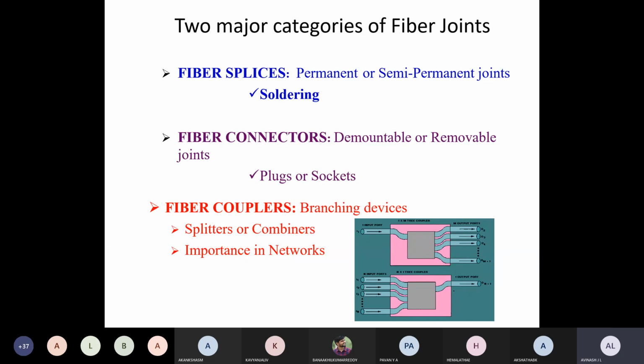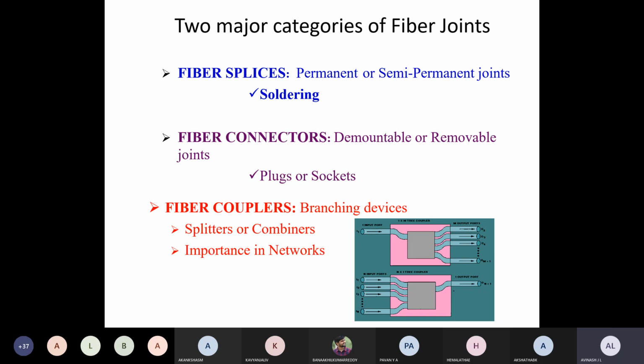In these branching devices, we have two things, splitters and combiners, and we need to see their importance in the networks.